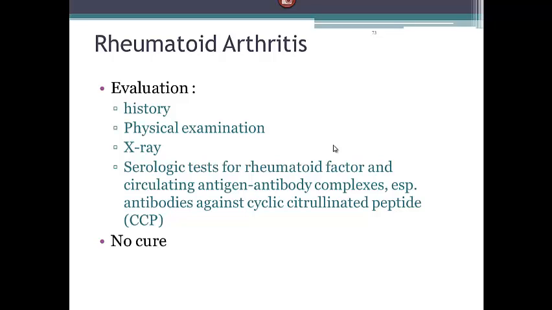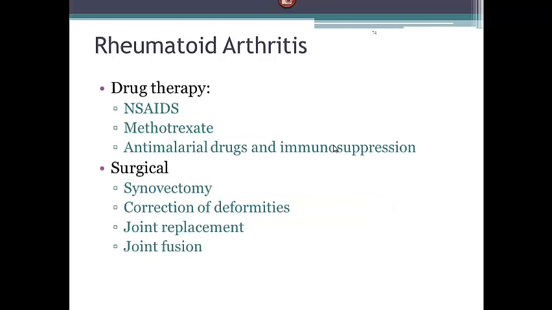You could use rituximab, etc. In addition to that, you could use anti-malarial drugs and surgical procedures such as synovectomy to correct the deformities and improve function, joint replacement, and joint fusion.